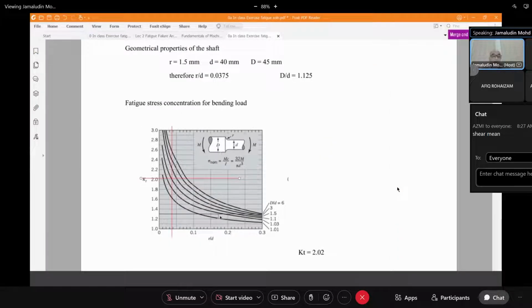Based on the figure, we have R, and R is 1.5 millimeter. The smaller d is 40 millimeter, the larger diameter D is 45.